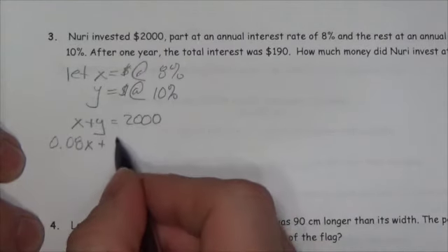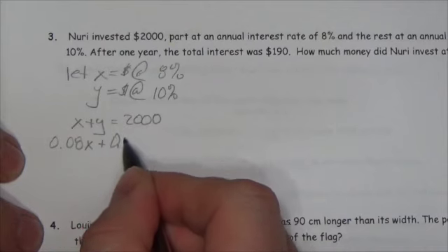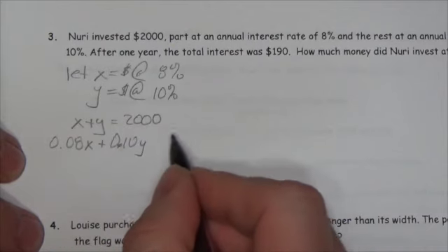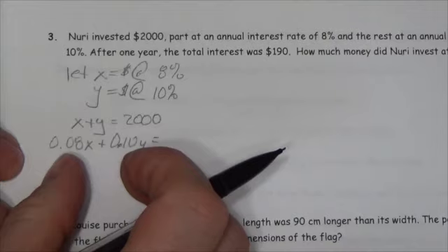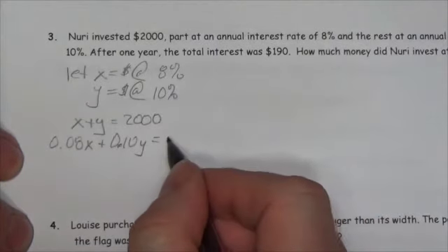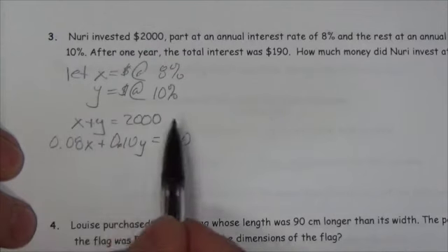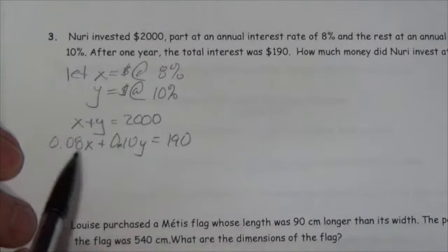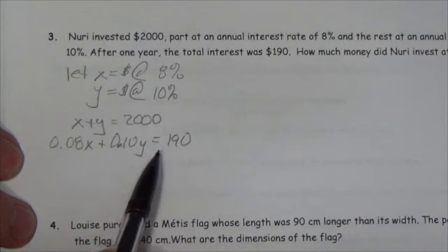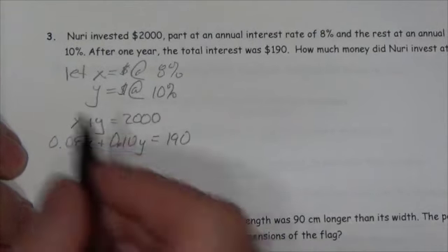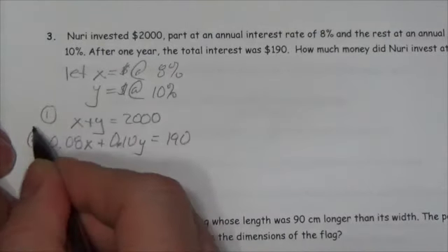The interest on that second investment is going to be 0.10y. And when we add that up, we're getting 190. So the way the equations work here is money invested plus money invested equals the total invested. Interest plus interest equals total interest. And so here are our two equations.